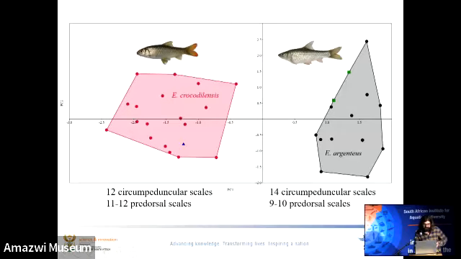And then meristically, with the meristic counts, they separate out very nicely. These are based on the circumpeduncular scales: in crocodilensis, 12 circumpeduncular scales, and argenteus 14, and the same with predorsal scales, 11 to 12 versus 9 to 10.